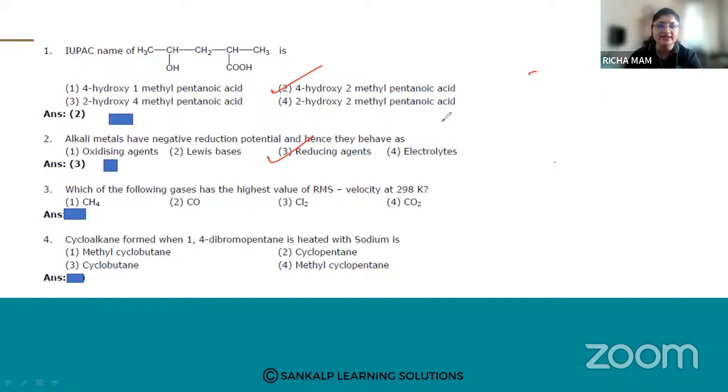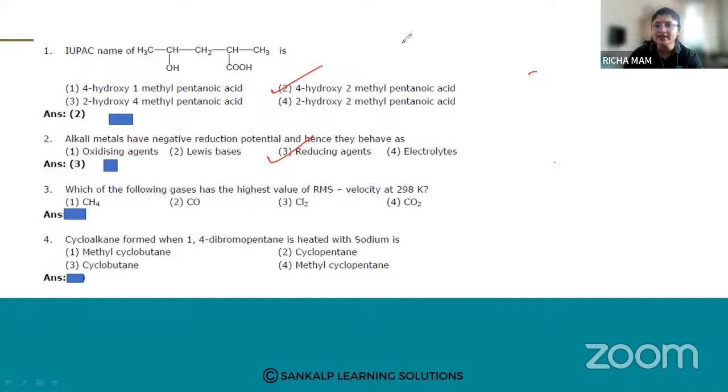Which of the following gases has the highest RMS velocity? Ranjita has answered it as 3. Vidya has answered it as 2.